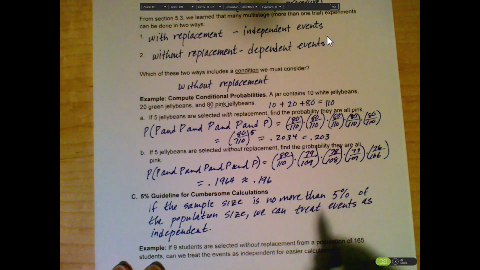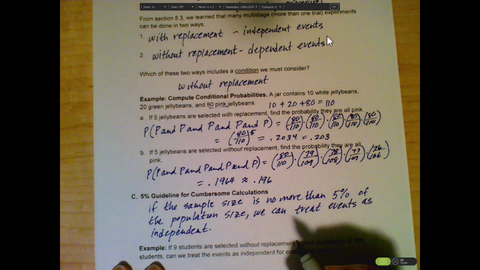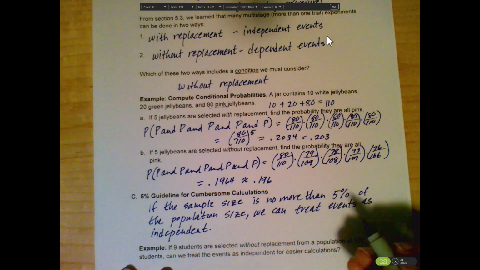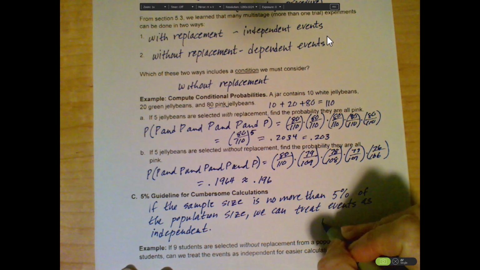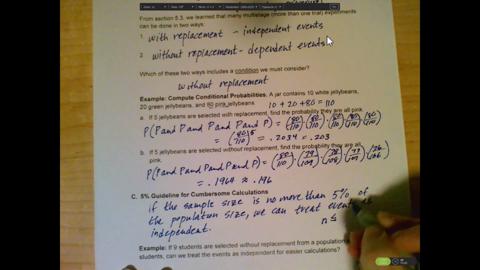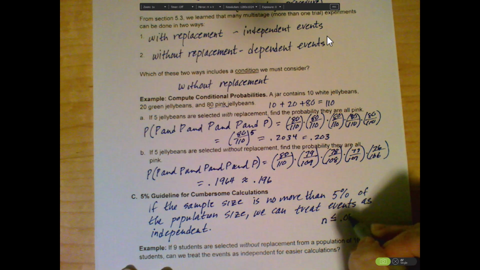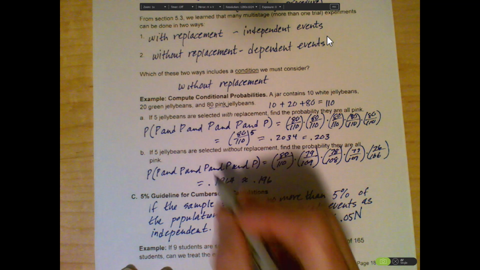And we often use a small case n to represent our sample size and an uppercase N to represent our population size. So the math way to say this is if your sample size is less than or equal to 5% written as a decimal, 0.05, times your population size. You don't really have to memorize that, but we just want to be able to do this. So let's check our example.